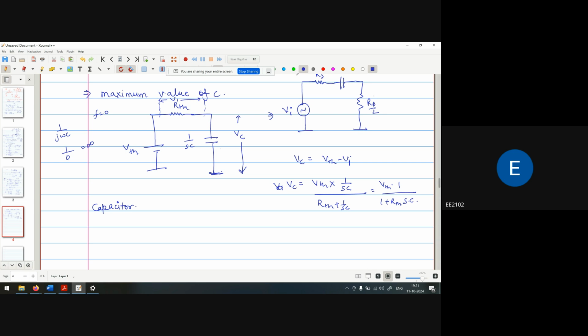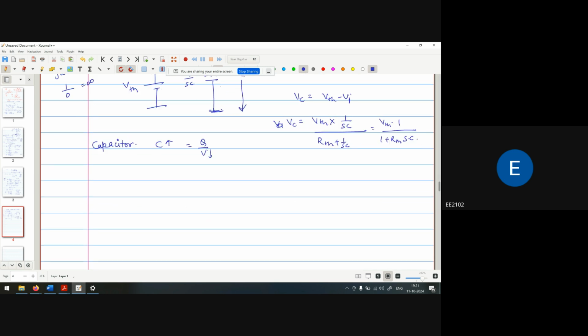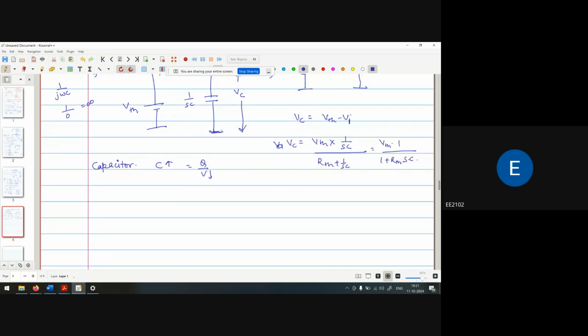Now if the capacitor value is high, Q is equal to CV. So for a high capacitor value, my voltage across the capacitor should be minimum, or we can say 0.